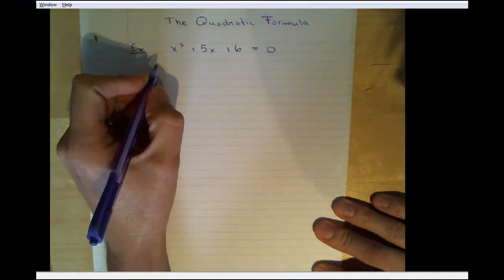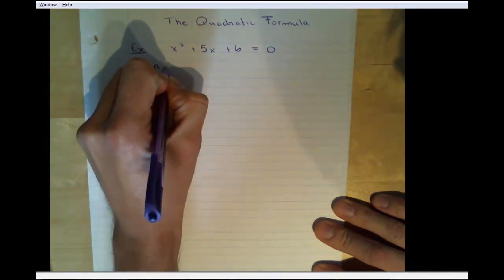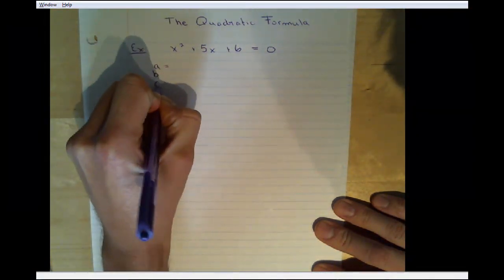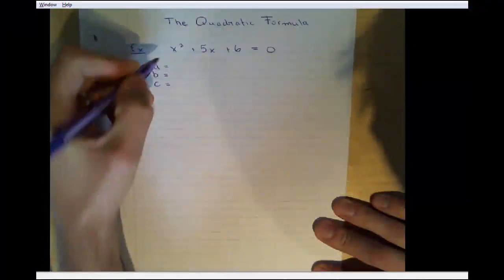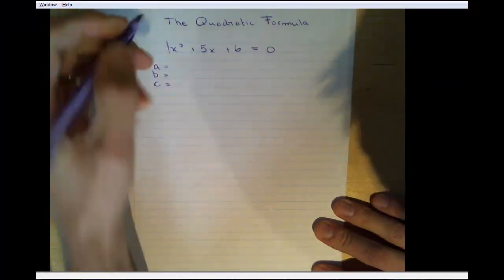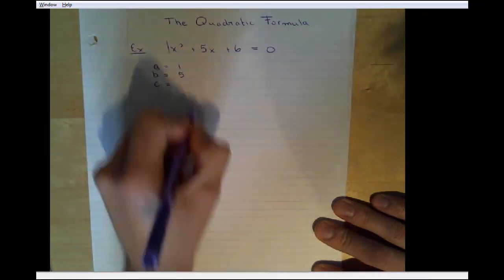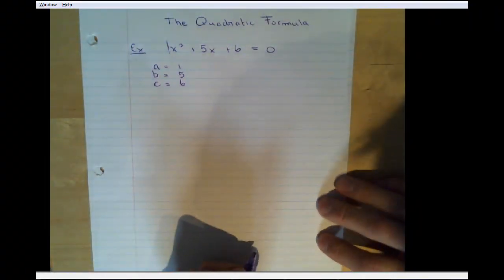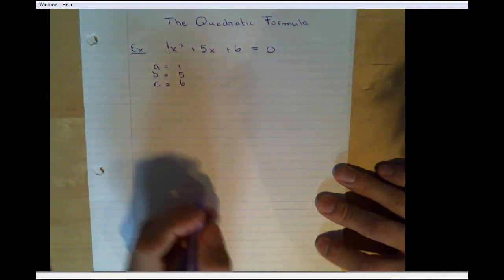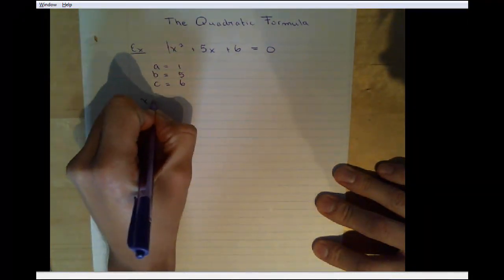You should see that a from the standard form, b and c are the following. So a is 1, it's like there's a 1 here. B is 5, c is 6. Okay? So let's write out the quadratic formula.